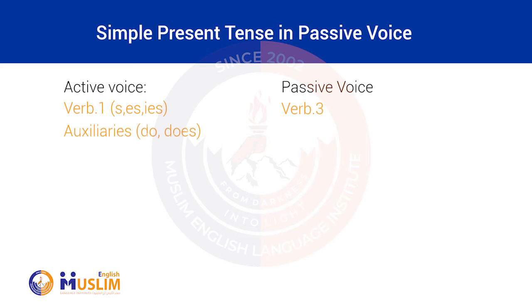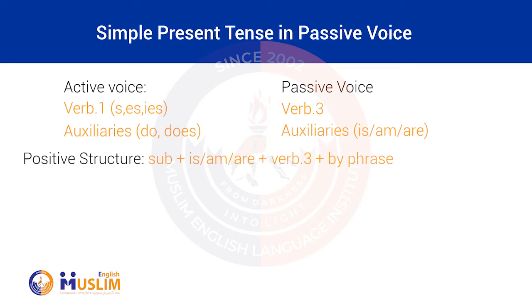The auxiliaries of simple present tense in active voice are do and does, and in passive voice are is, am, and are. The positive structure is subject plus is, am, are plus verb 3 plus by phrase.